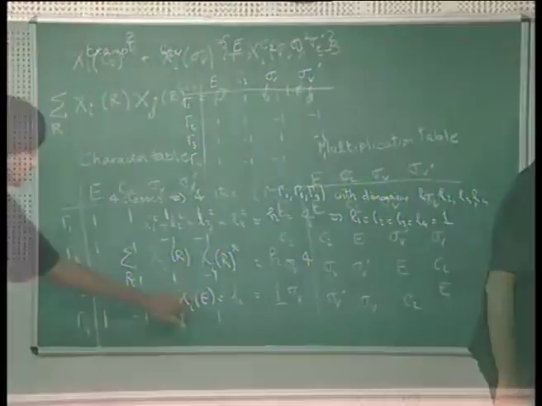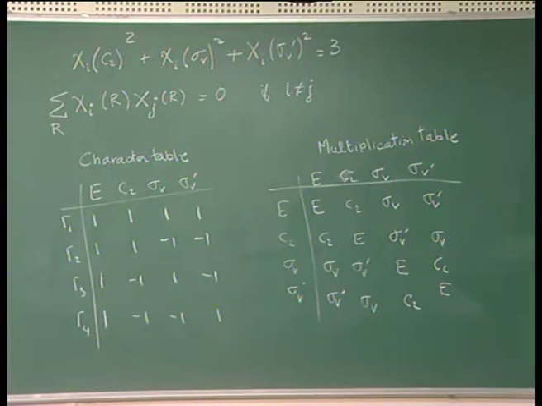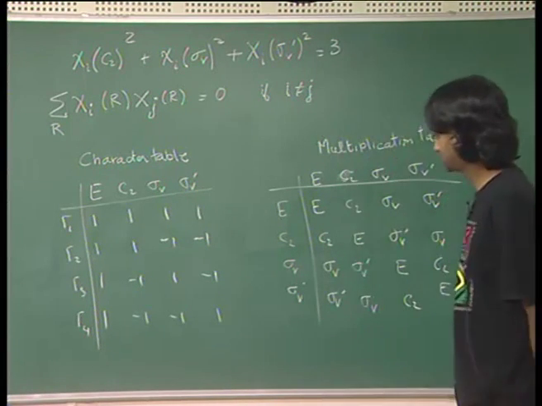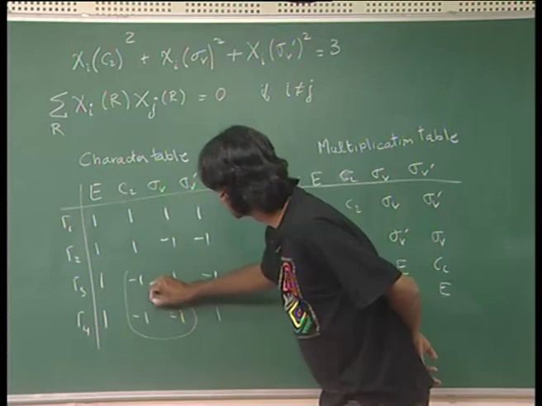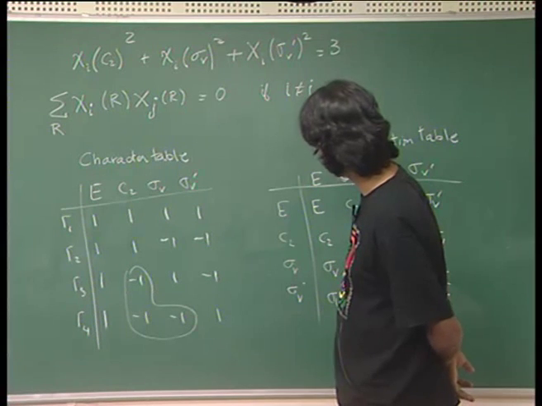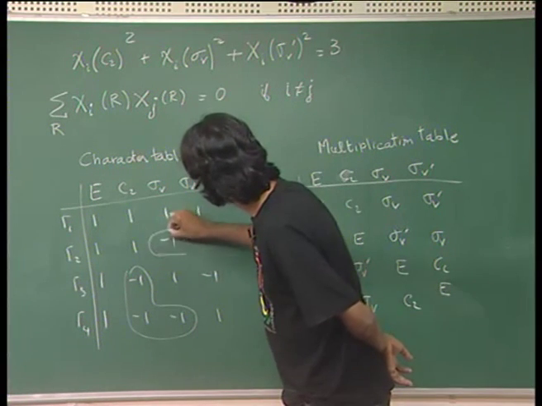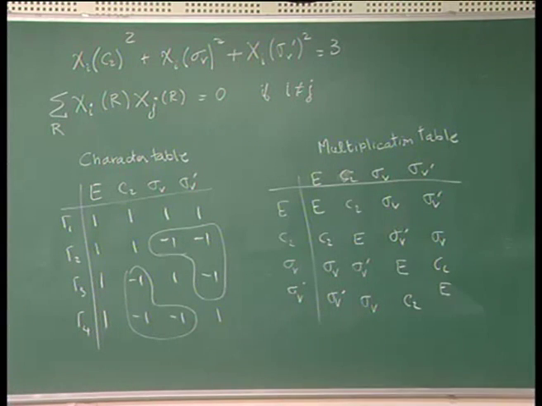So, I have 1s along the diagonals, that just looks like I have identity along the diagonals. Then I have minus 1s here, and I have minus 1s here. Okay, I have minus 1s in this region.